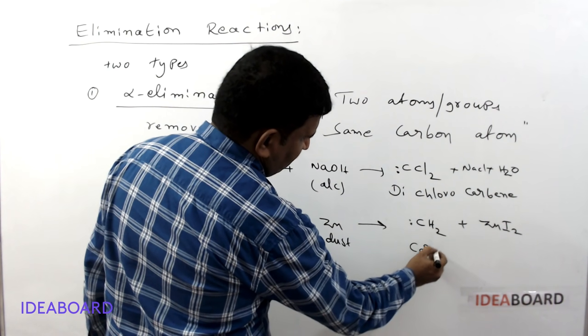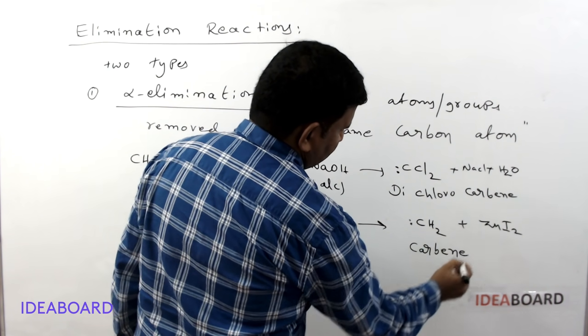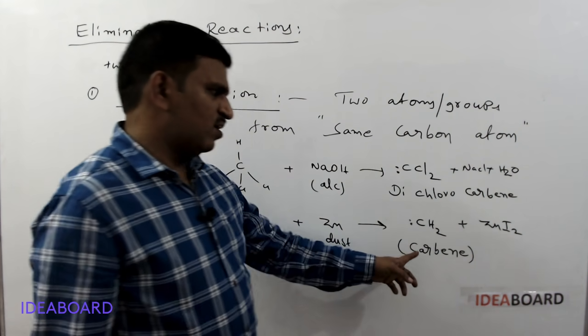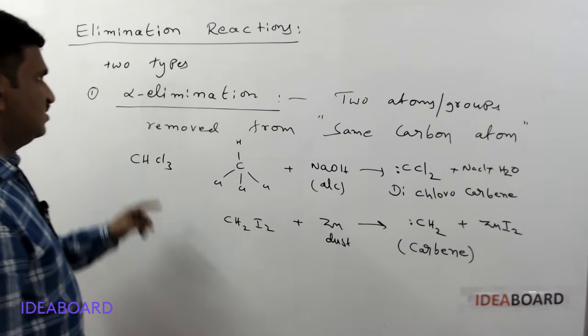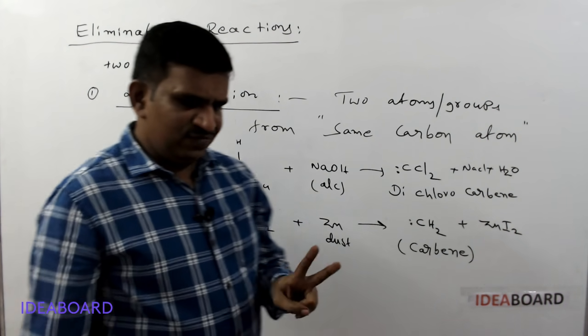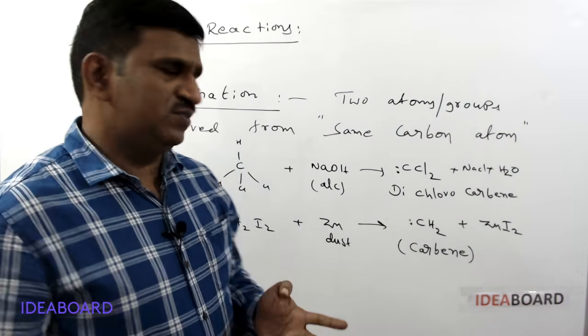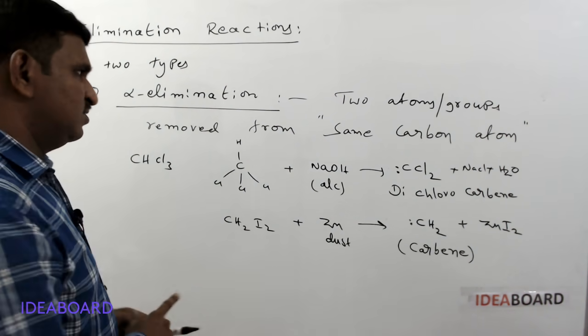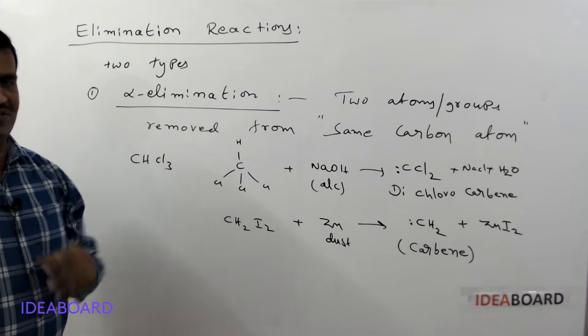It is commonly called carbene or methylene. This is known as methylene or carbene. So this is the alpha elimination process. Alpha elimination means when we are removing two or more atoms from the same carbon, then it is called the alpha elimination process.